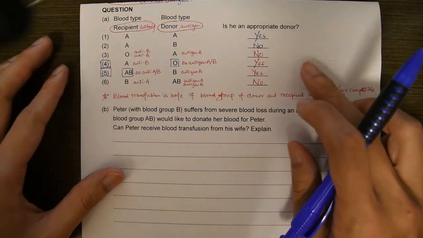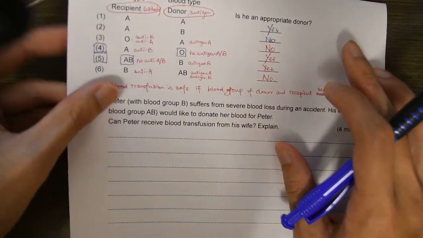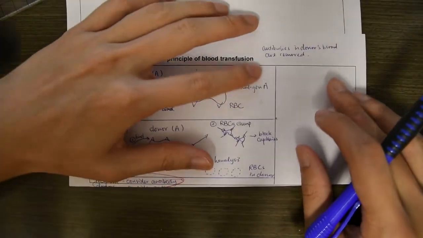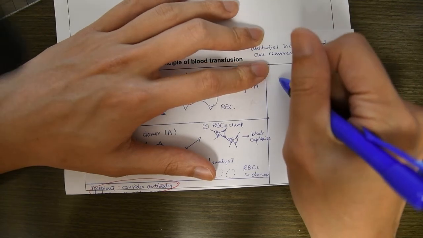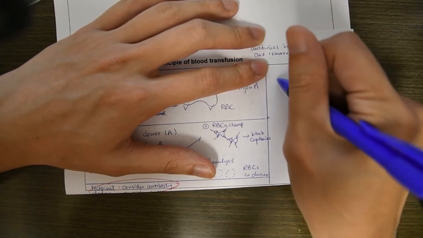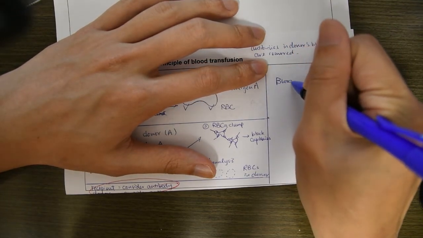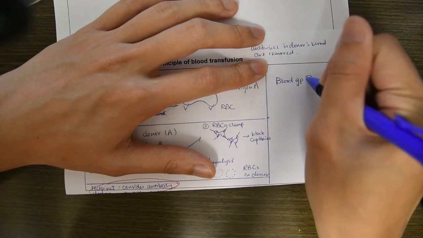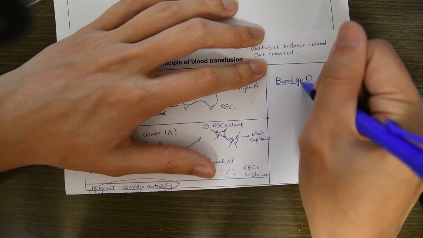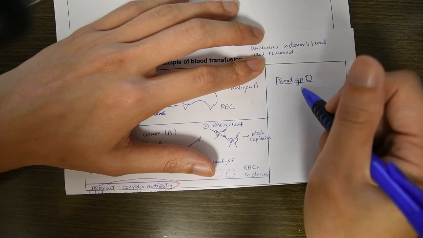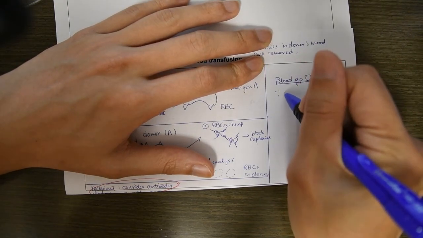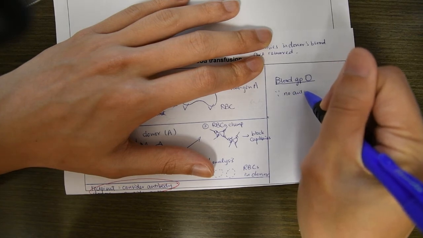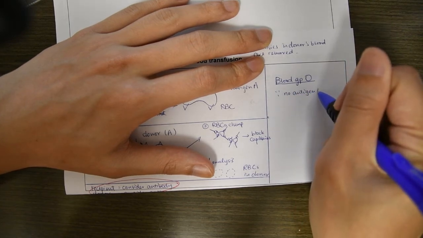Alright, so let's put the answer in the box above. What's so special about blood group O is that it doesn't have any antigen on its red blood cell.